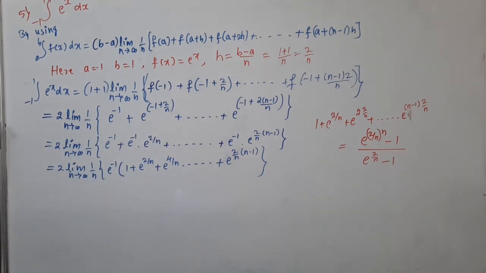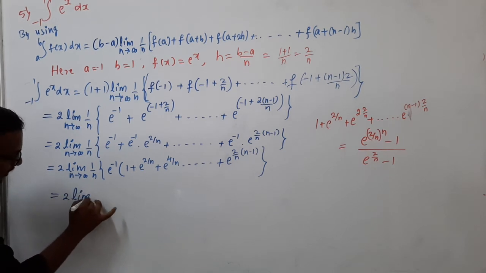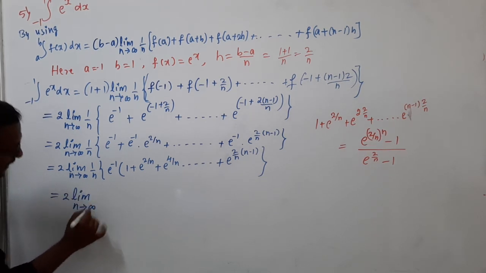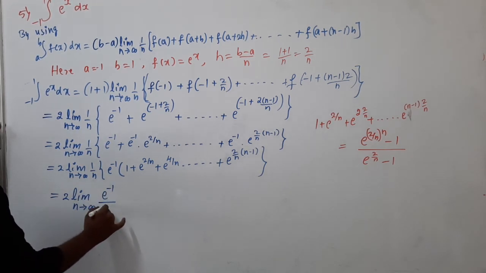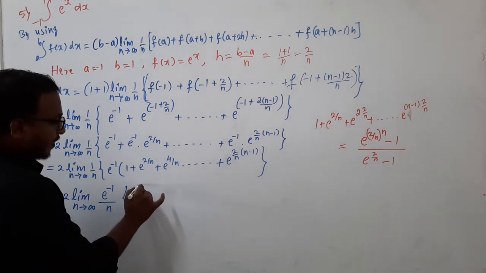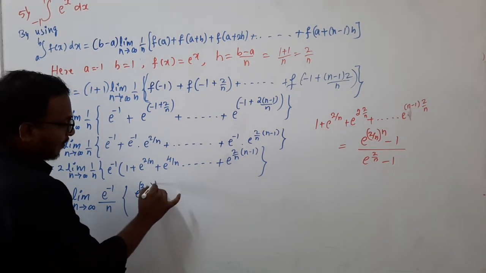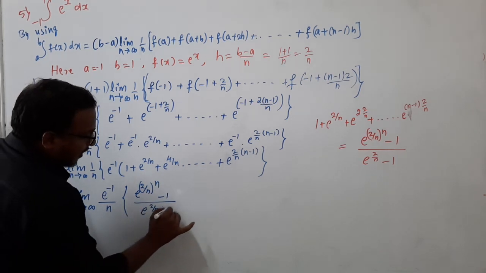Substitute that value here. The equation will become 2 into limit n tends to infinity of 1 by n. I am taking e to the power minus 1 outside. The inner side is e to the power 2 by n into n, minus 1, divided by e to the power 2 by n minus 1.